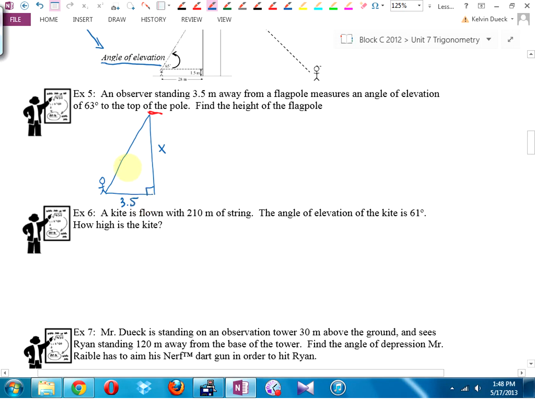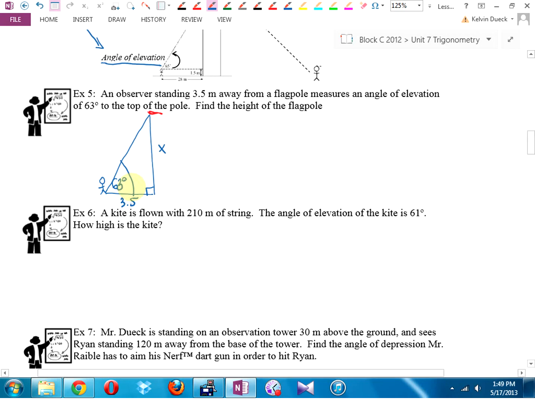They're talking about that angle here. Okay. Is that okay? That's 63 degrees, because it's in your question. It says 63 degrees in the word problem, dear.